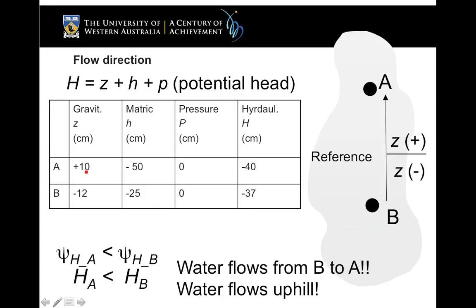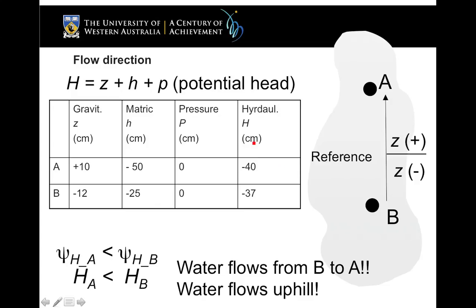Now, if we sum all our potentials up, we get the total hydraulic head, which is the sum of these three. So 10 minus 50 plus 0 is minus 40. And at point B, negative 12, take 25, plus 0 is minus 37 centimetres.